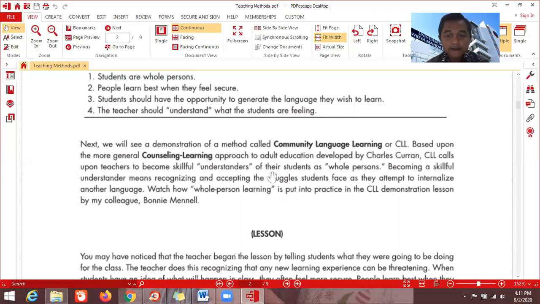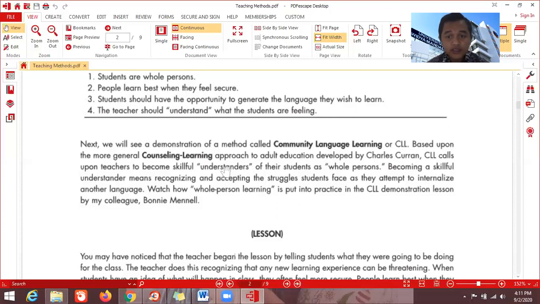tutor in this case. CLL calls upon teachers to become skillful understanders. Teachers or tutors need to understand that your students are the same as you.